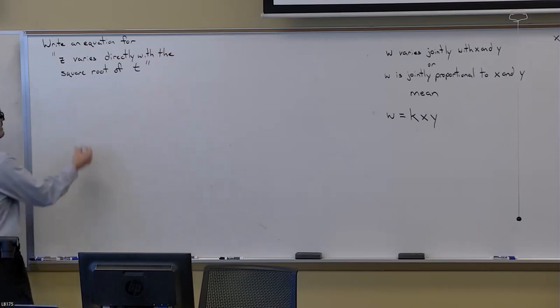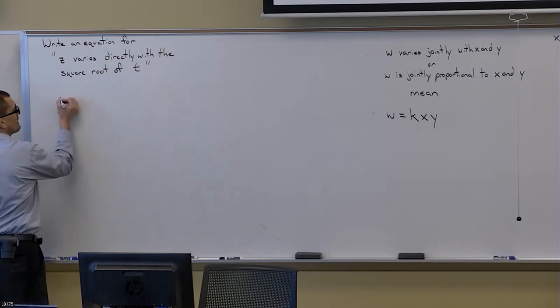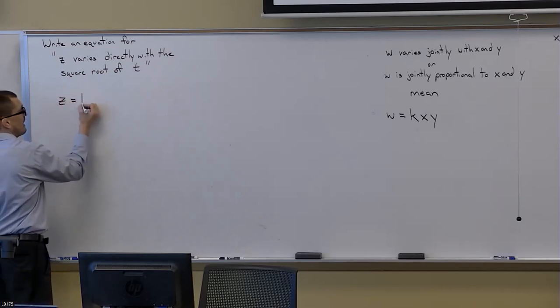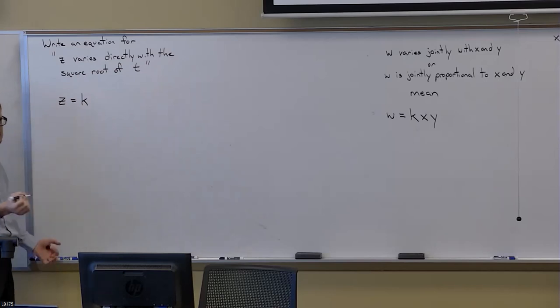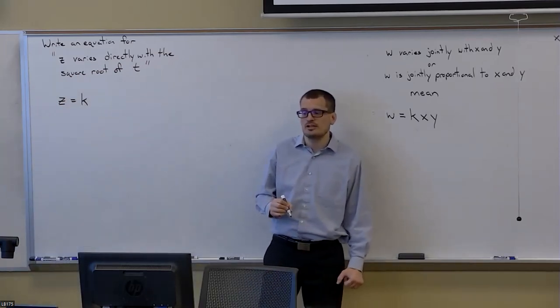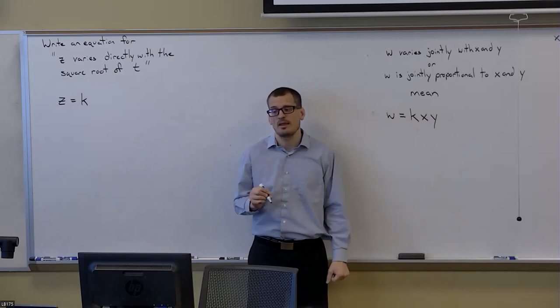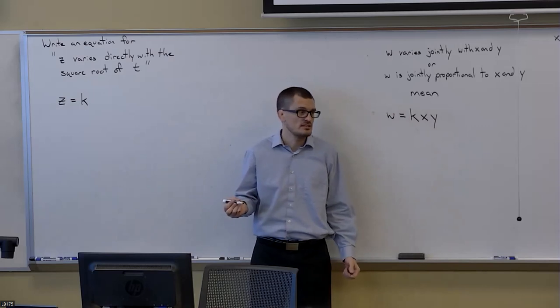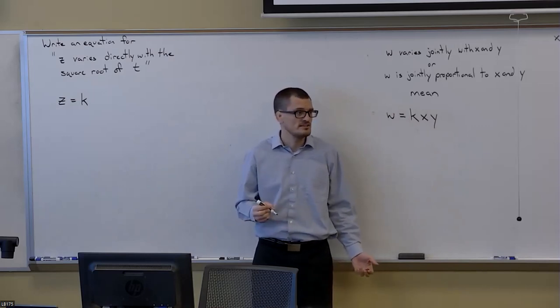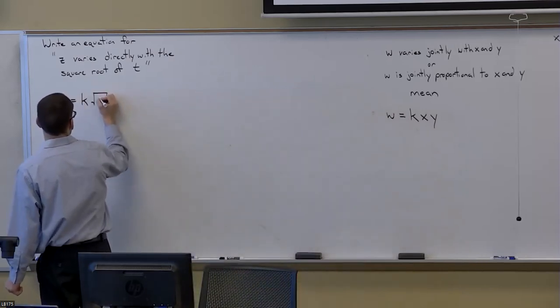Varies directly means we're going to take our constant of variation, which we always use k unless it says use otherwise, and we're going to multiply it times what we're varying directly with. Previously, it's just been a single letter. What if it says varies directly with the square root of t instead of just t? Well, I'm just going to use square root of t rather than t. So z equals k times square root of t.